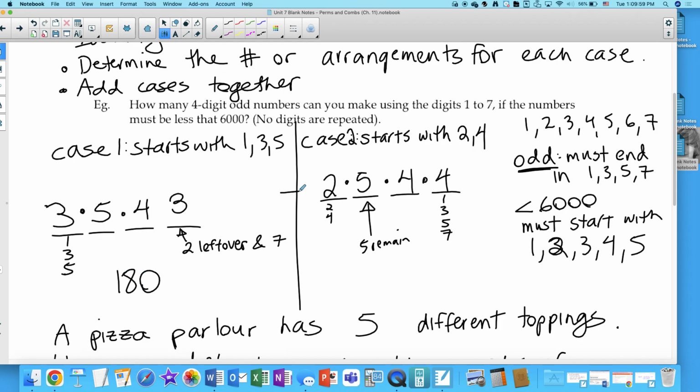We have to add them together. Plus 8 times 20, 160. So there's 340 possible numbers that you could make with those specific restrictions.